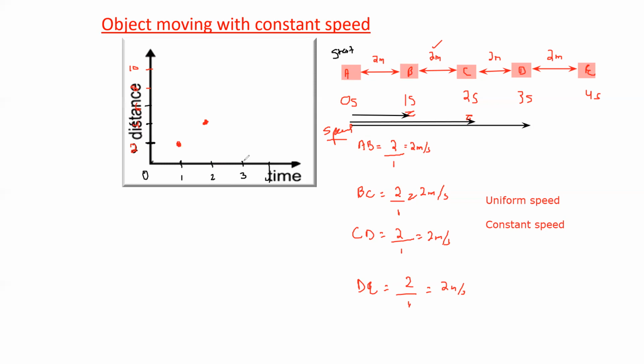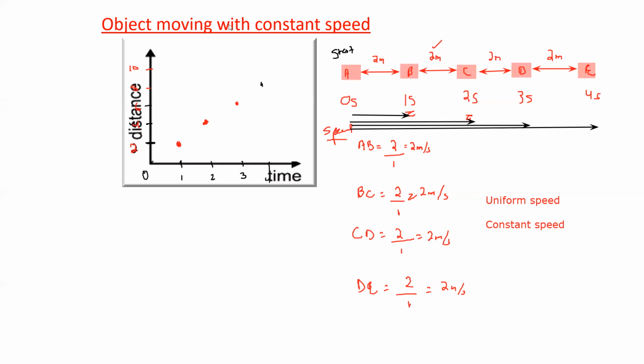So we will mark after 3 seconds, the object covered a total of 6 meters. And after 4 seconds, what is the total distance covered by the object? Total distance 8. So we'll mark that point 8.